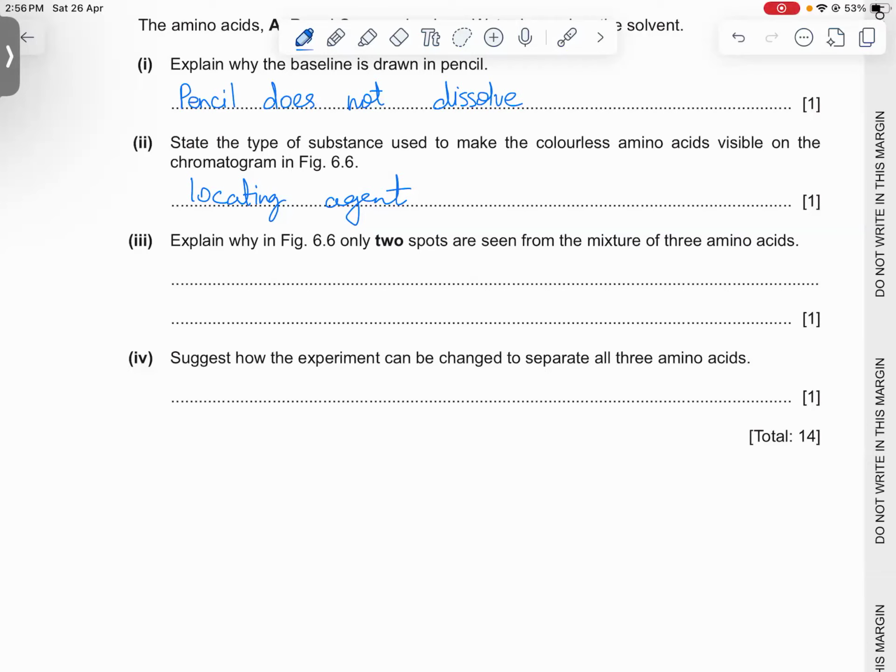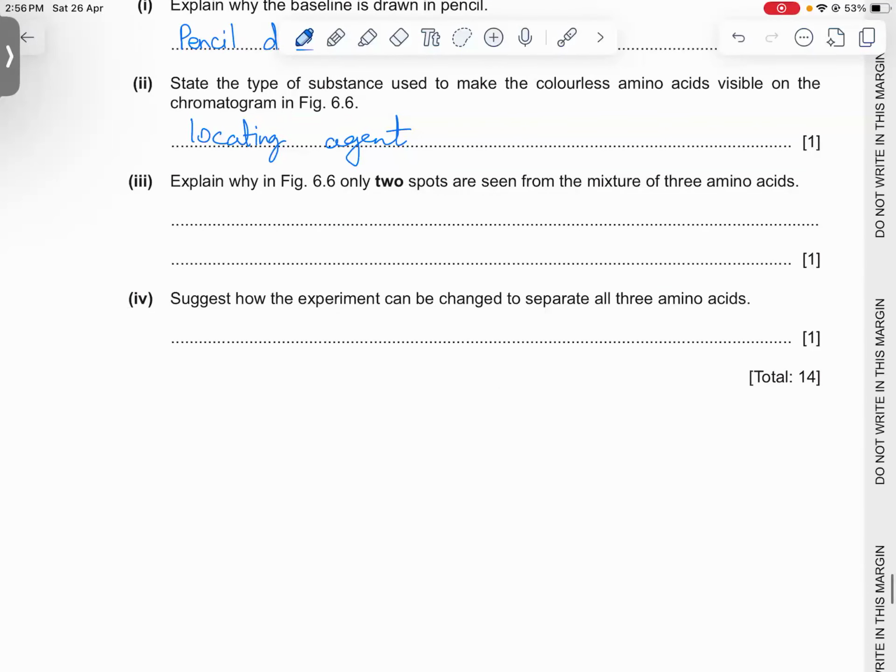Cheating pens basically have a UV light and an ink that can't be seen in normal light. When we shine UV light on those pens, we can see the ink, because it can only be observed when locating agents are there. So similarly, locating agents is the answer.